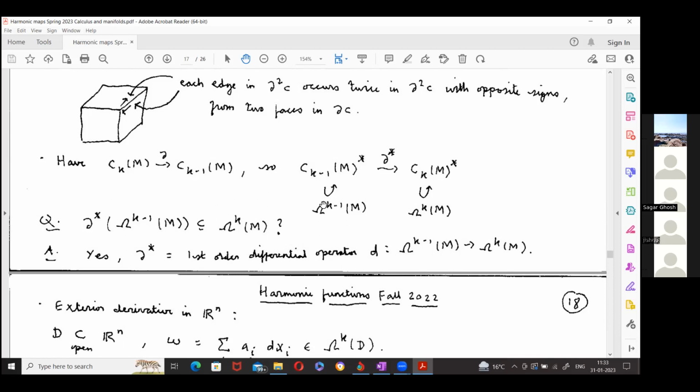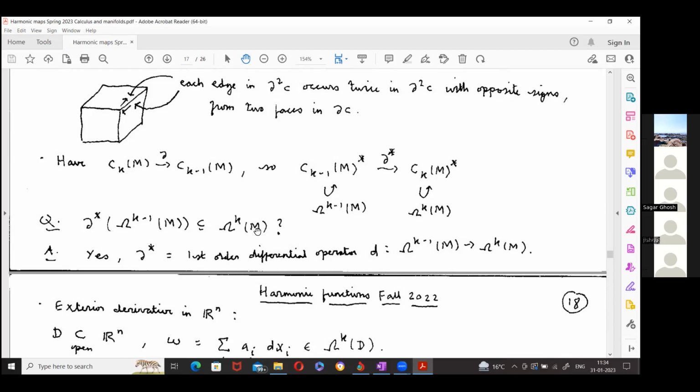And now the natural question is the following. We've seen that the k minus 1 forms embed into the k minus 1 cochains, and similarly the k forms embed into the k cochains, via integration. So the natural question is, does the dual of the boundary operator send the subspace of k minus 1 forms to the subspace of k forms?